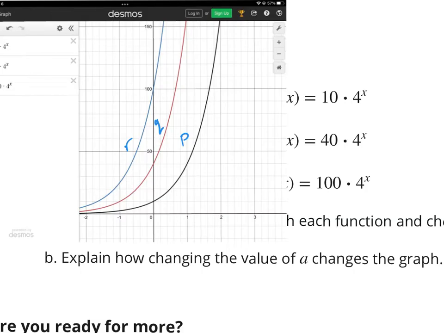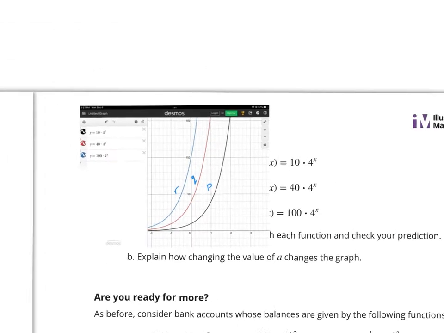And what you may or may not notice is that changing the a value is shifting the graph up or down. So for example, 100 is the biggest a value, and that one starts farther up on the y-axis, whereas q of x, which had an a value of 40, starts at 40 on the y-axis. And then finally, p of x had an a value of 10, and that starts at 10 on the y-axis.